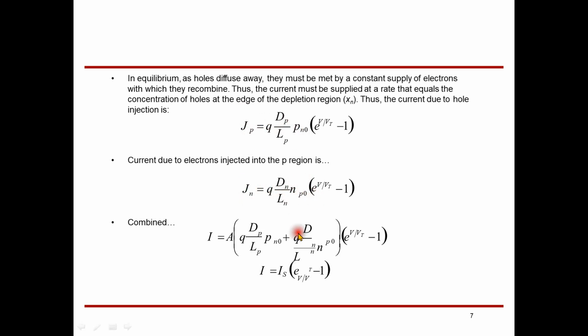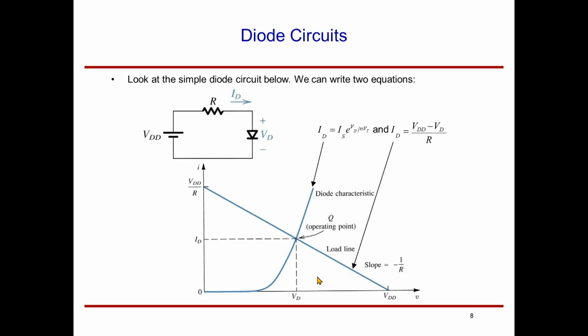Because of this reason, we will get the current density expression due to both electrons and holes. So by combining the two, we get the expression I is equal to Is into (e power V by eta Vt minus 1), where eta is the ideality factor.